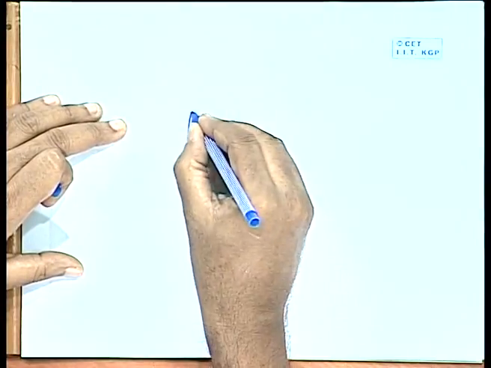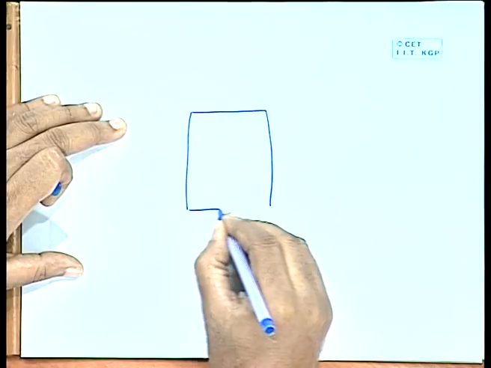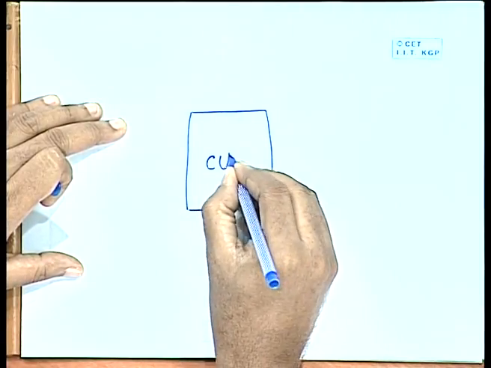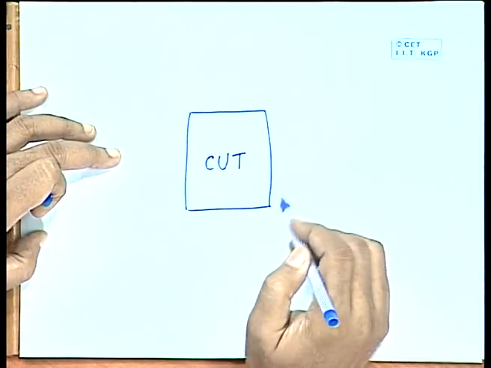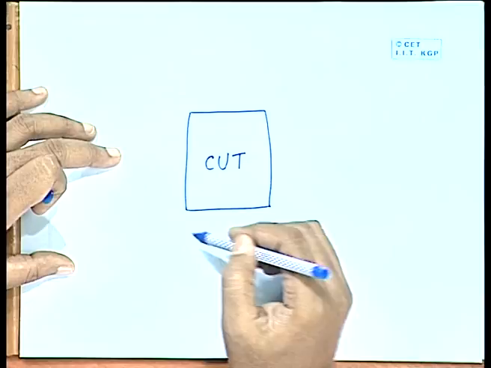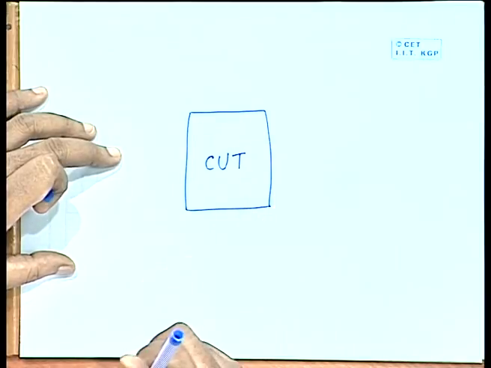Now, the essential idea behind JTAG is that, say you have a circuit under test or a chip, okay, I am calling it CUT in general, this is a chip. Now, you want to embed a boundary scan standard on top of this.